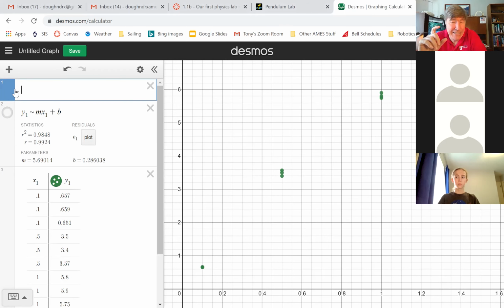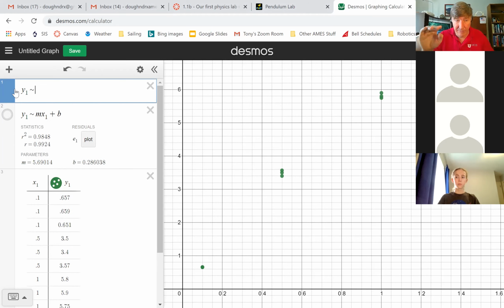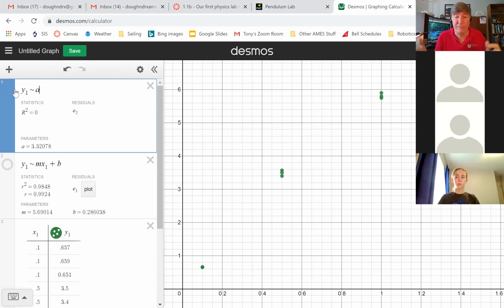So my guess is that maybe it's a square root function. So let's try that. So let's do y1 and then this little tilde. Now I'm going to put a square root of x1 here, but there might be a value in front of that square root, kind of like the m value. So I'm going to just call it a. You can call it whatever letter you want. And now square root.